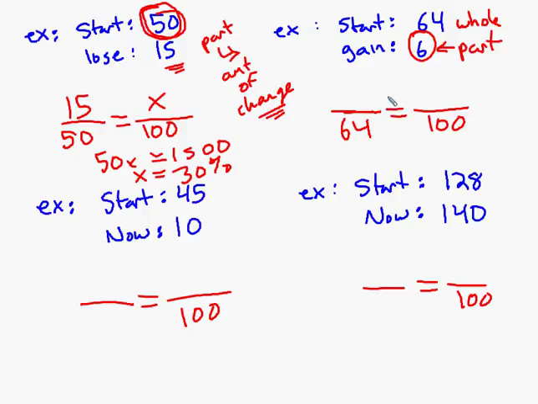The amount of change is the part, so 6. Now I cross multiply and I get 600 equals 64x. And x is 9.38, rounding, 9.38%.